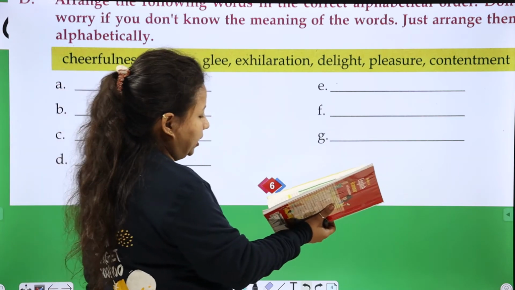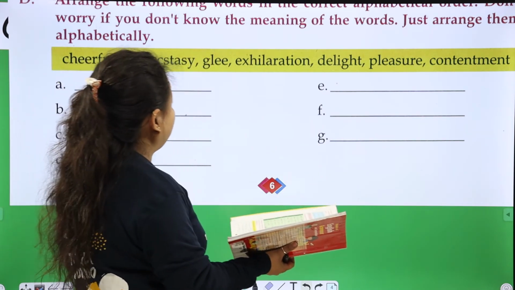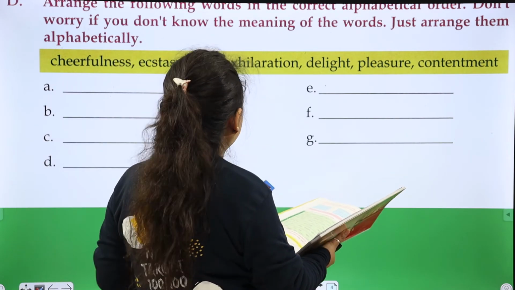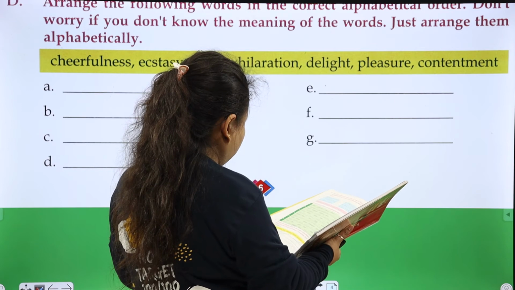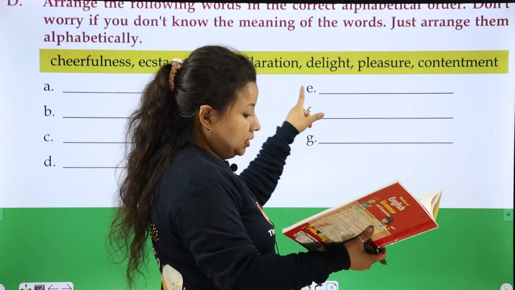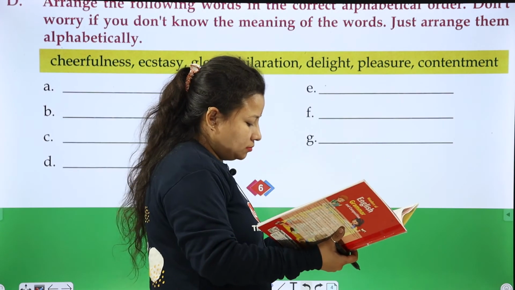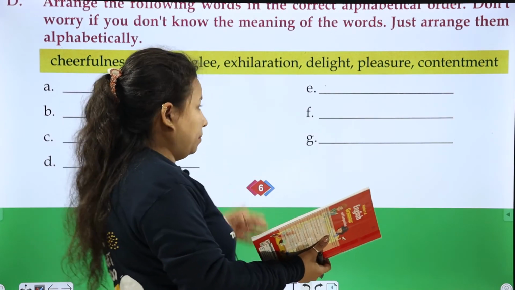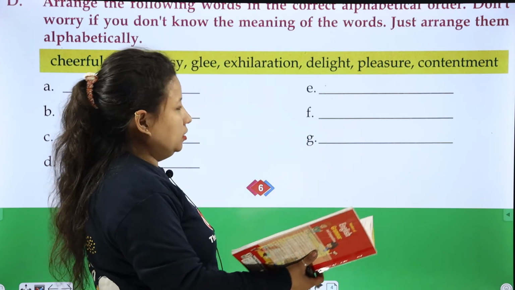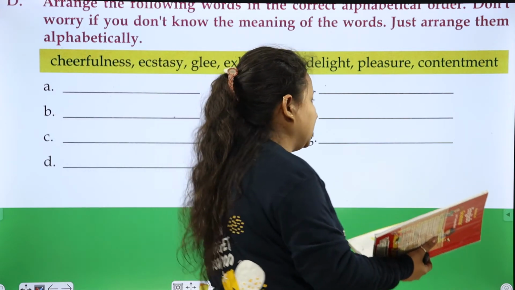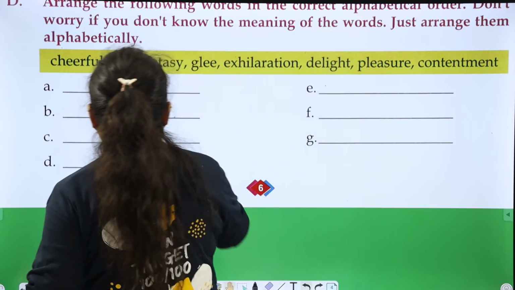Glee, it means delight or joy. Exhilaration, it means great happiness. Delight, it means pleasure. Pleasure, it means happiness. And next is contentment. Contentment, it means satisfaction.